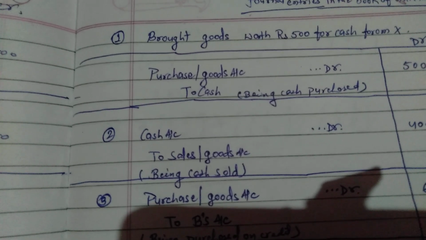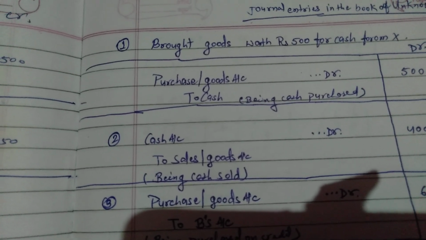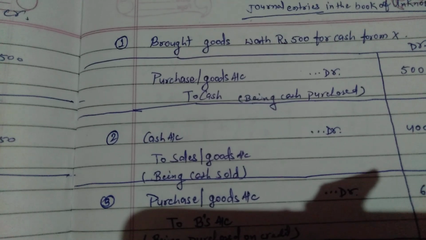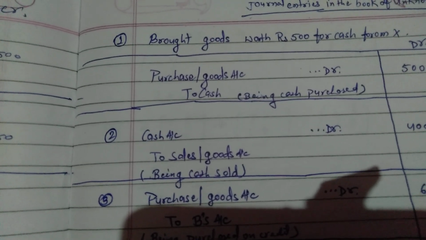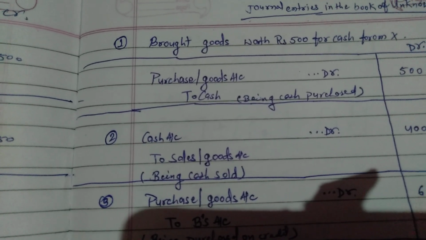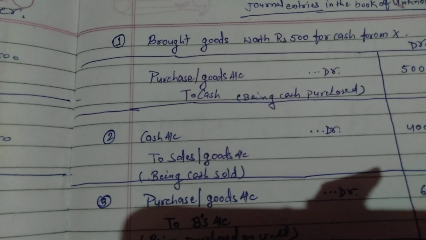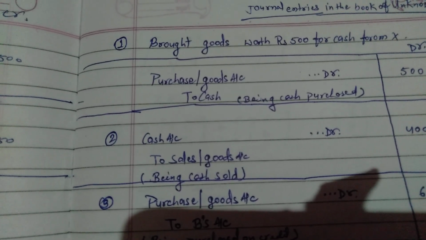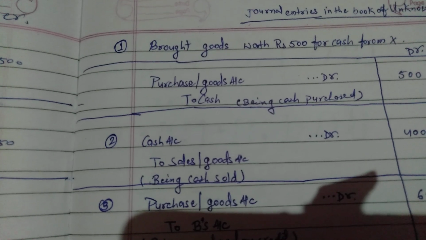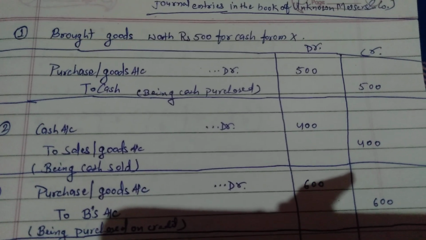When goods go out we say sales, when goods come in it is called purchase. So the solution is cash account debit to sales account, amount 400.